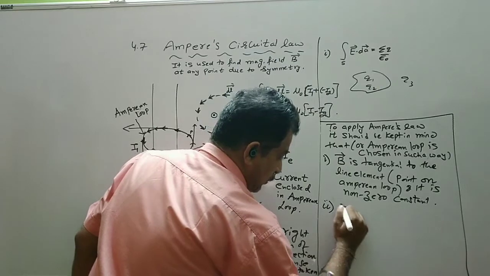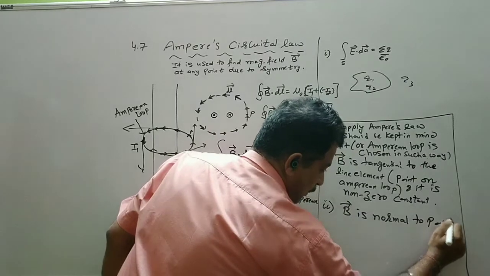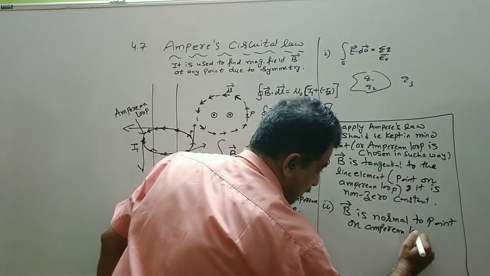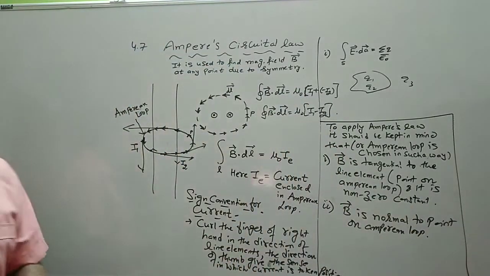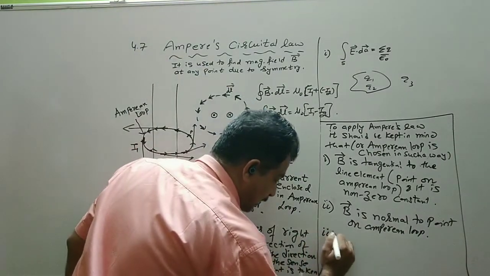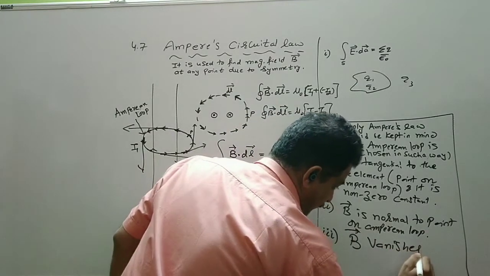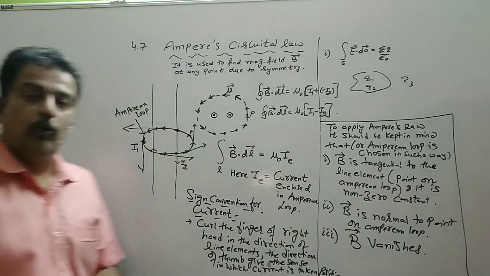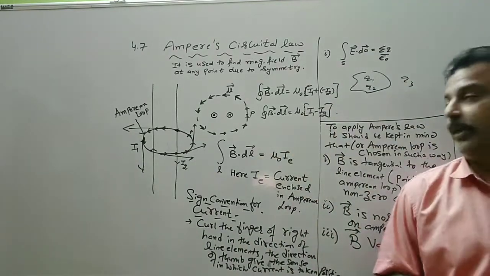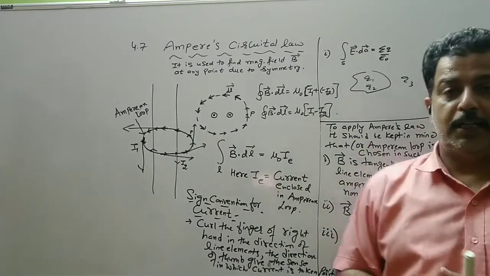Second, B is normal to the point on the Amperian loop. So in this situation, B dot dl will become 0 because the angle would be 90 degrees. And third situation may be B vector vanishes. The resultant magnetic field itself is 0. And if the resultant magnetic field itself is 0, then this side of this equation becomes 0. So I can easily find out the relation between I1 and I2.